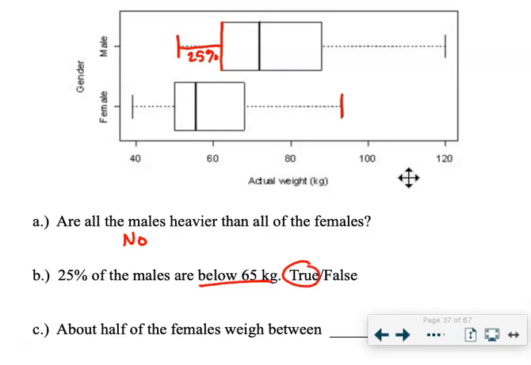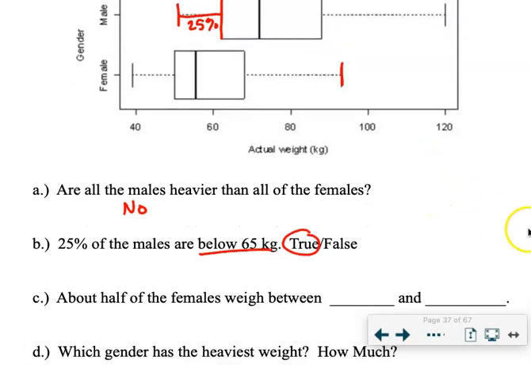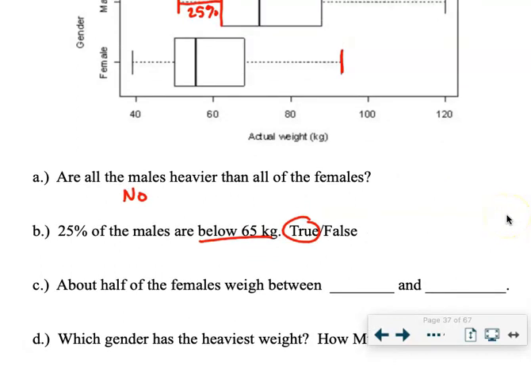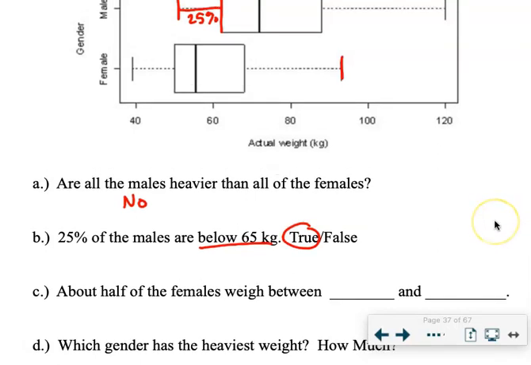Okay. Third one, about half of the females weigh between what and what? This one actually has probably more than one right answer, because you can use 50% a few different ways. Let's just do the IQR because that's kind of the proper way to look at this. So I would say that this piece to this piece, we know is 50%. This is 25, this is also 25.